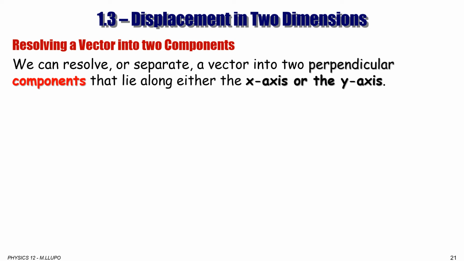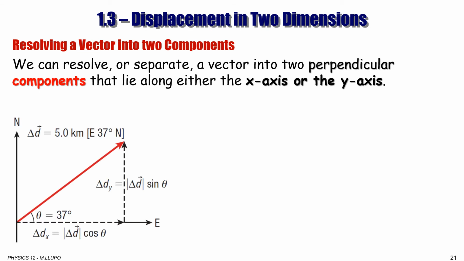So that's why we say x component of the vector and y component of that vector, because the x component is along the x-axis and the y component is perpendicular to the x-axis. That means along the y-axis.